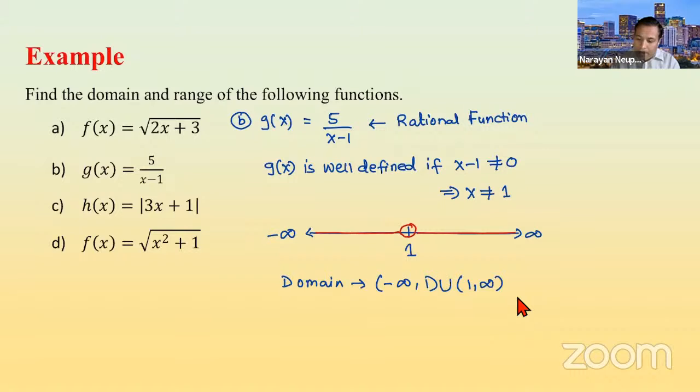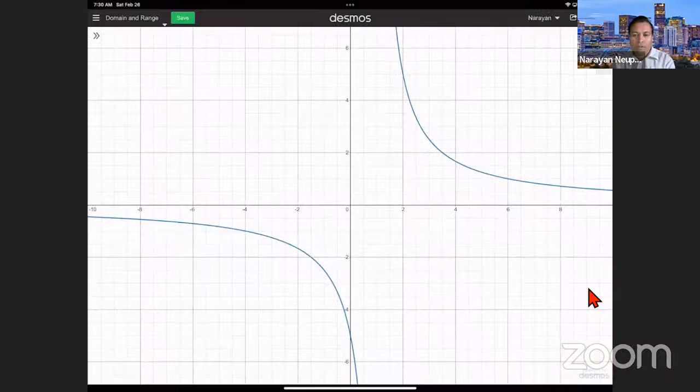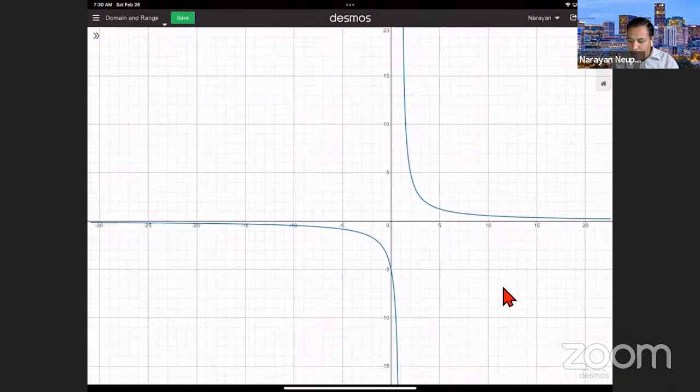We can definitely verify this using the graph. First copy that, and then we are going to look at the graph. There is the graph of the function.